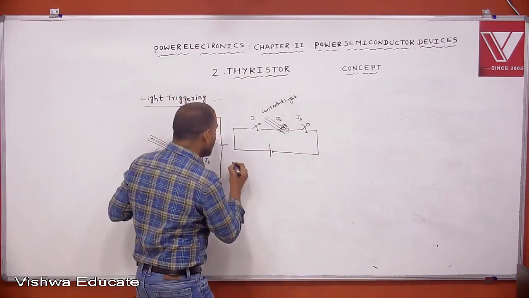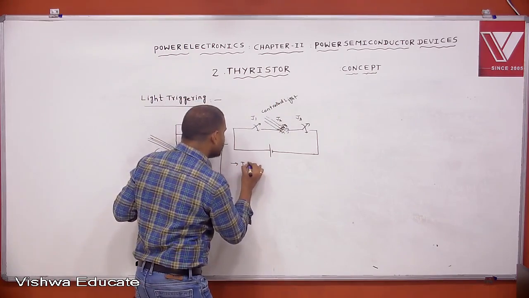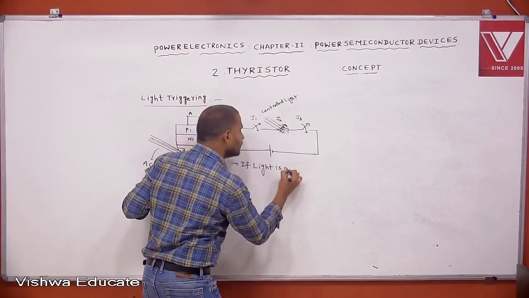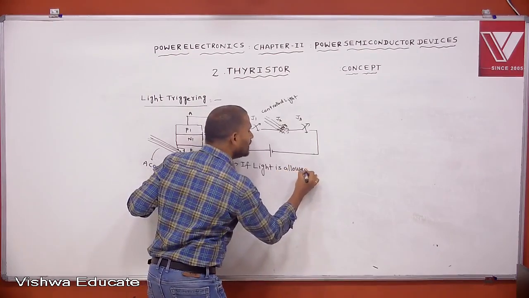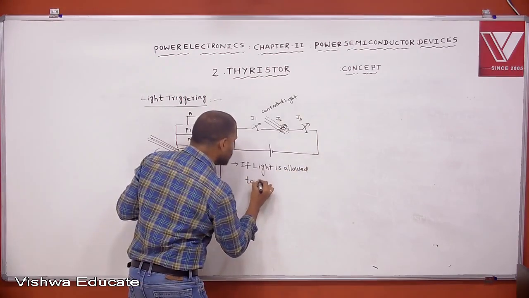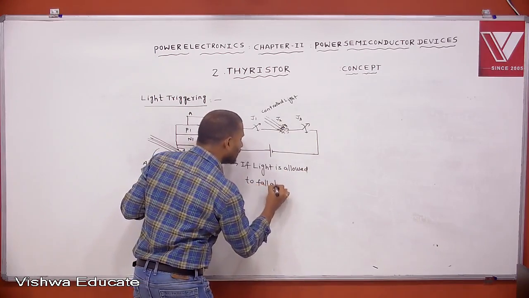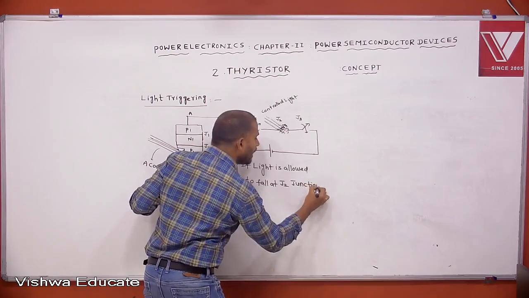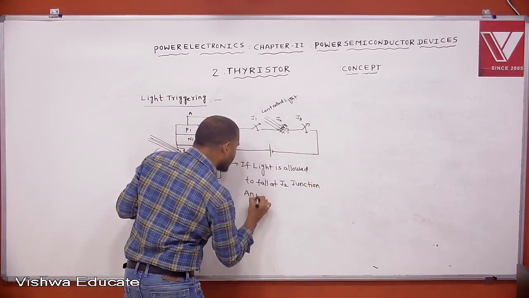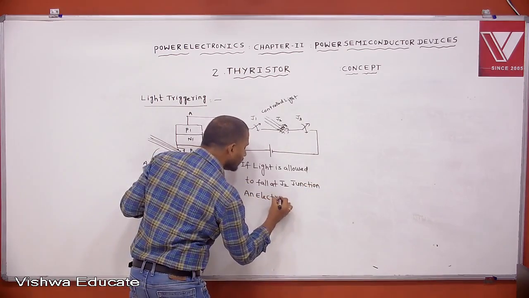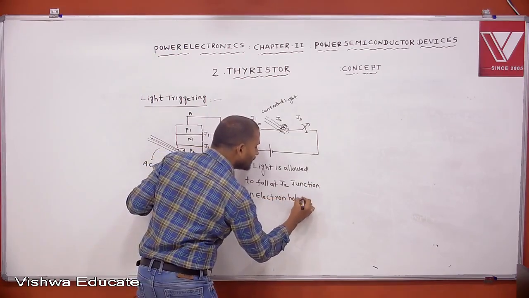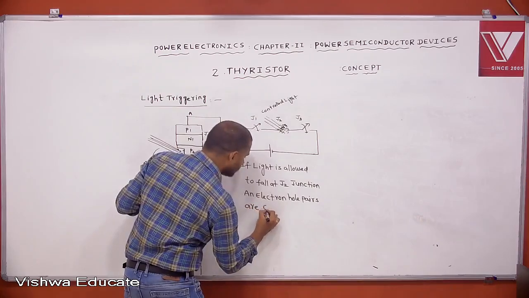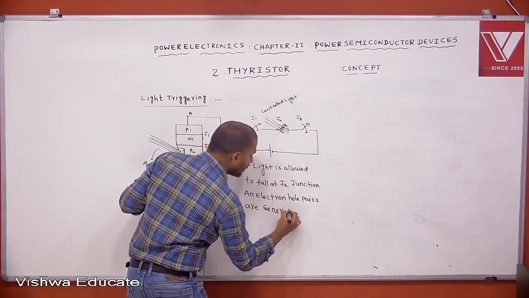That means if light is allowed to fall at the J2 junction, electron hole pairs are generated.